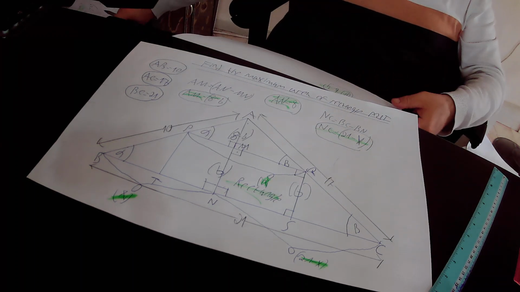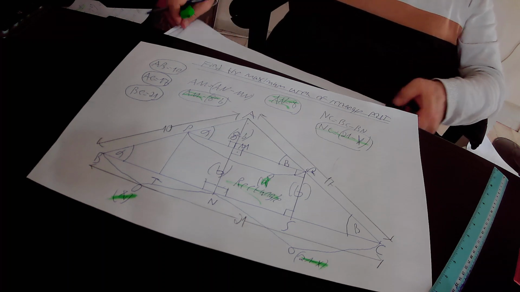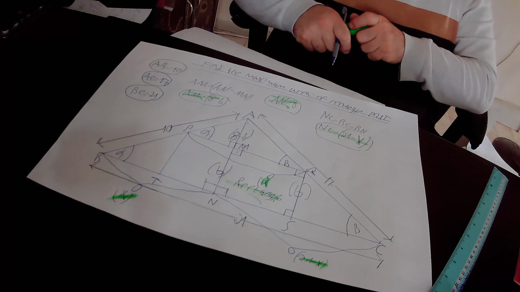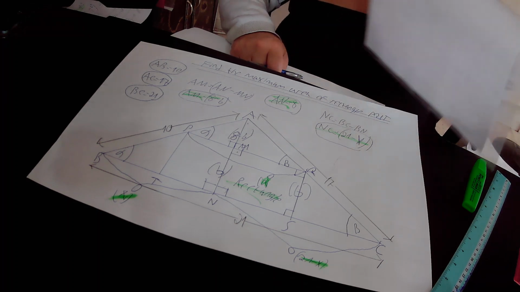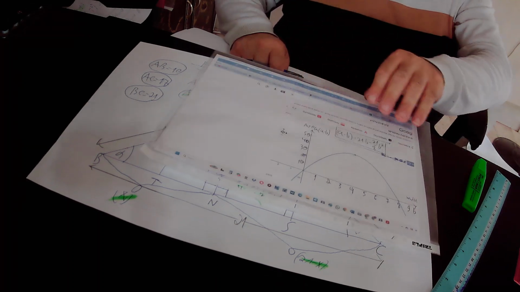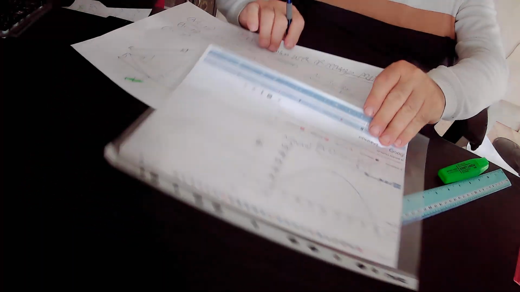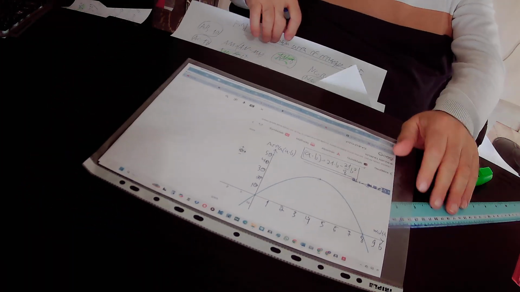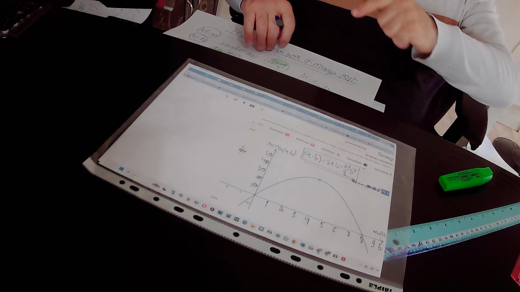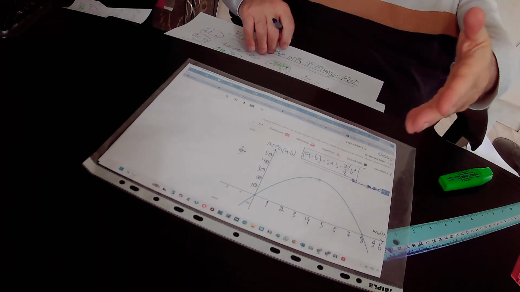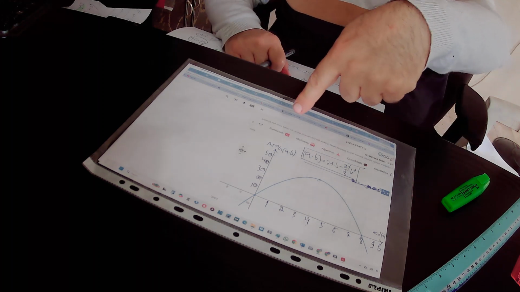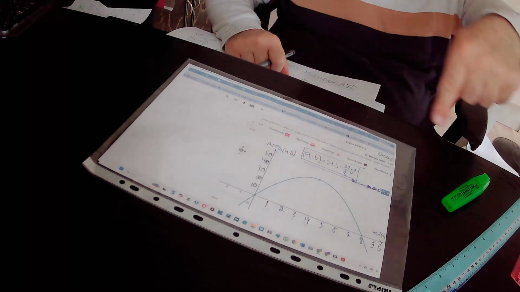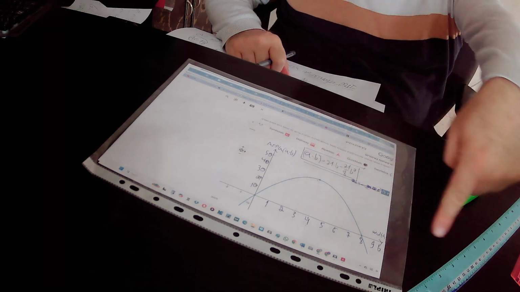I already drew the function area, the graph of the function area of rectangle PQST. That is the graph of the area of rectangle PQST as a function of the width b. So in the y-axis we have the area, in the x-axis we have the width b.